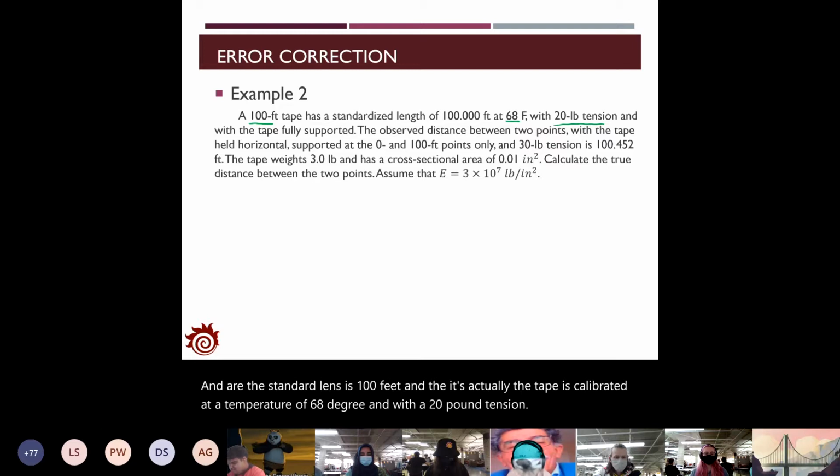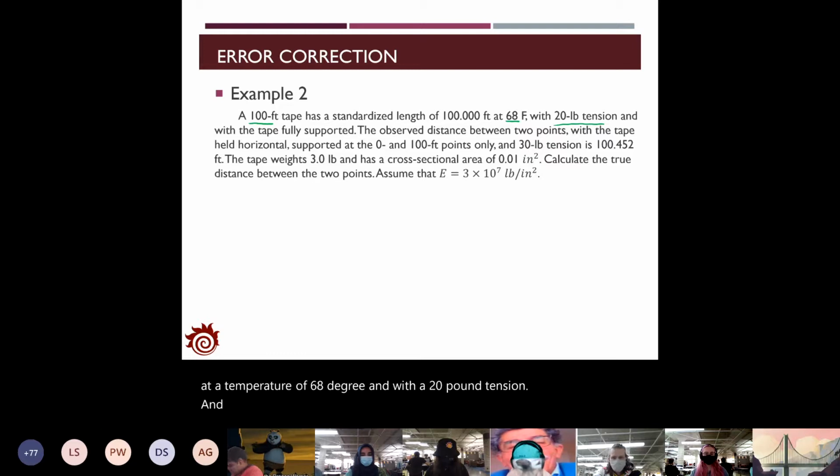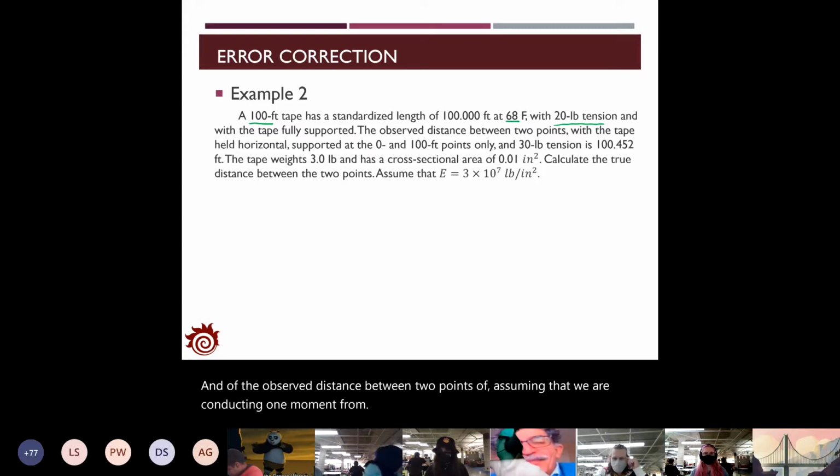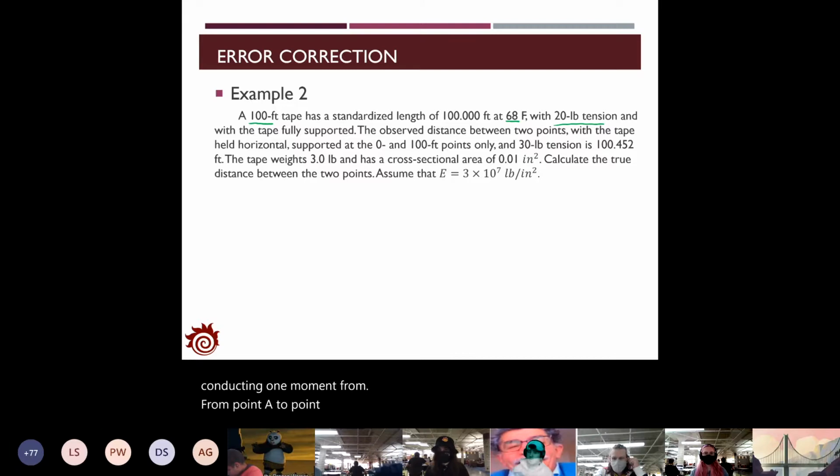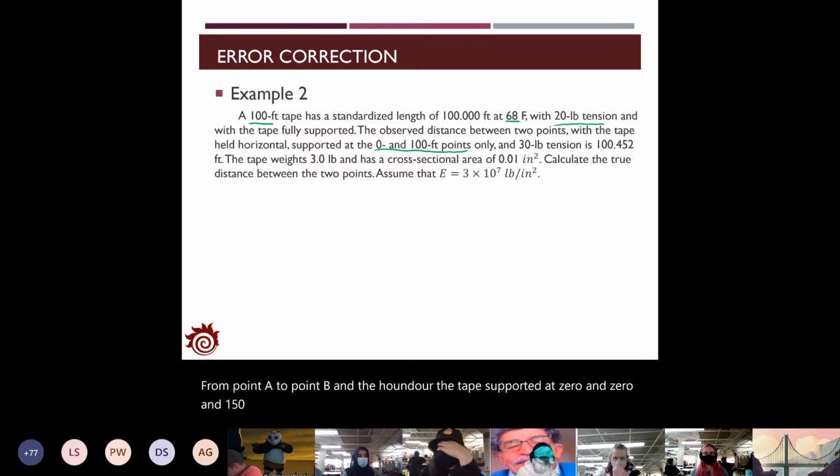Assume that we are conducting one measurement from point A to point B, with the tape supported at the 0 and 100 feet points, and with the applied tension of 30 pounds.